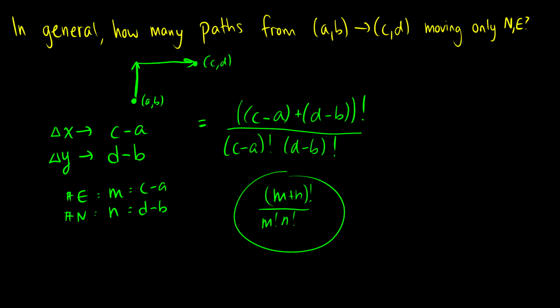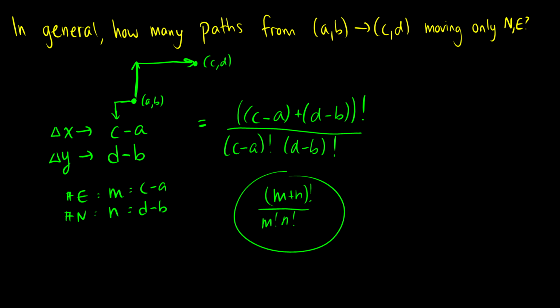In fact, even if we're going from AB to CD going down and left, we'd still get sort of a proper answer. Of course, realistically, we know that the answer is 0 if we're going down to the left. But you know what? Play around with it, see what happens.